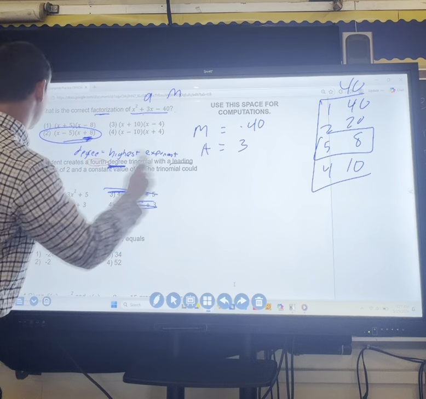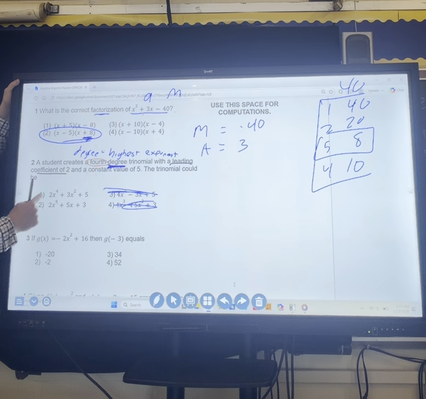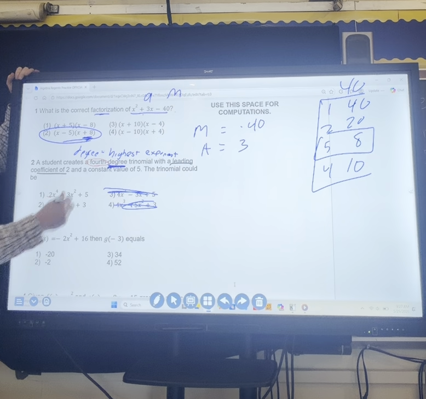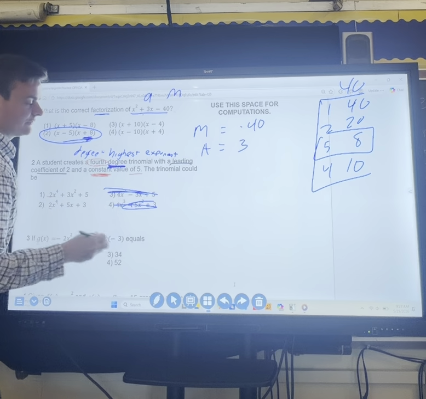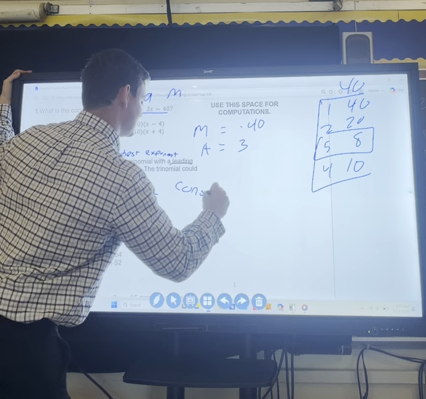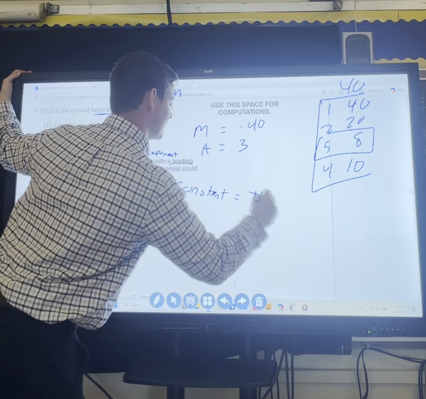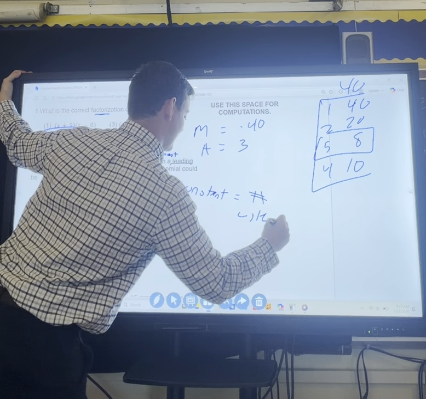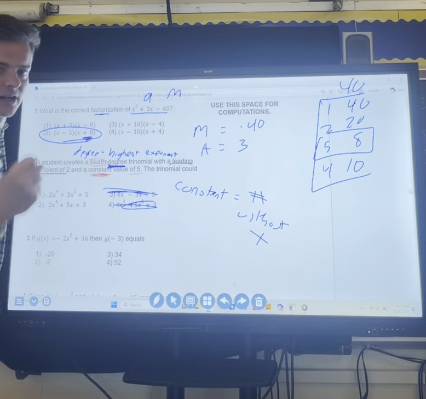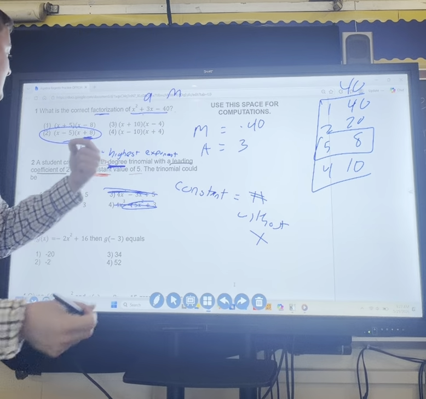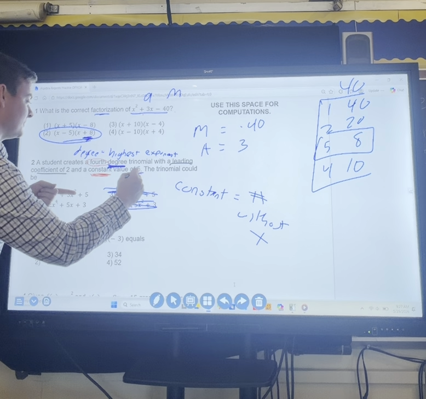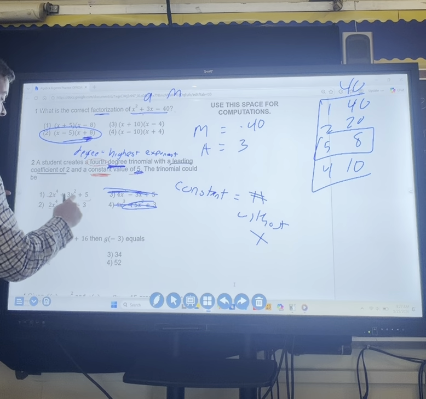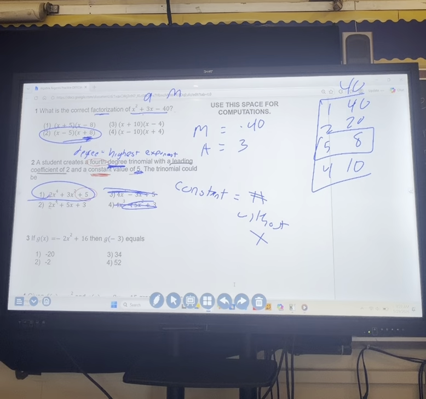Then it says a leading coefficient of 2. That means the number in front is a 2. That doesn't help me. And a constant value of 5. Constant equals the number without the x. So the constant is the number without the x. Therefore, that needs to be 5. The number without the x, 5. Number 1.